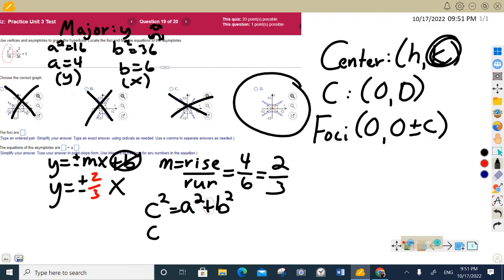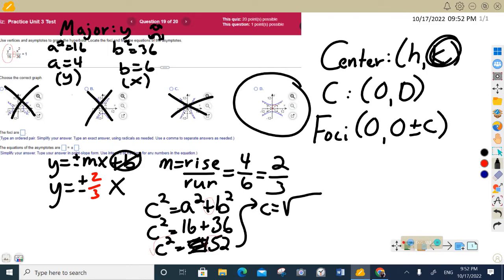So we already know a squared is 16 and b squared is 36. When you add those together, you get 52. Oh, I said 52 and wrote 54. That's what I get for trying to be funny. Solve for c, you take the square root. Now, 52 needs to be broken down. The biggest perfect square that goes into 52 is 4. 4 times 13 is 52. 4 is a perfect square; 13 is not.